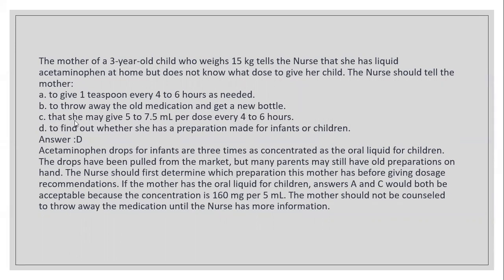And C, that she may give 5 to 7.5 milligrams per dose every 4 to 6 hours. And number D, to find out whether she has a preparation made for infants or children. The correct answer is D.